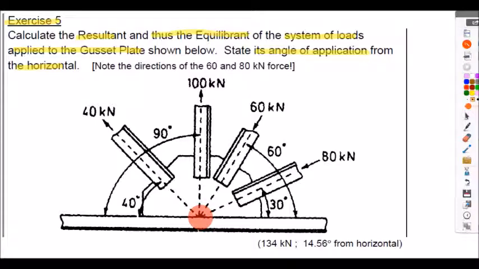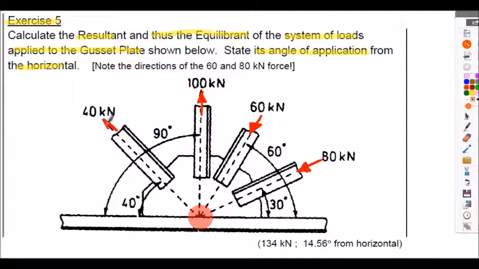Just be careful of directions. The 80 kilonewtons is shown in this direction here, inward to the gusset plate. Also the 60 kilonewton force is shown inward towards the gusset plate, but the 100 kilonewton force is shown pulling away from the gusset plate, and so is the 40 kilonewton force.